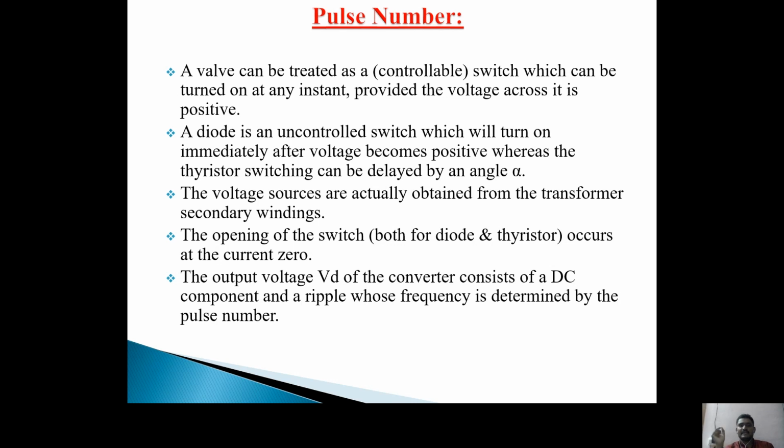A valve can be treated as a switch which can be turned on at any instant. A valve can be a thyristor or diode, or a controlled switch like a GTO, IGBT or IGCT. A valve can be treated as a switch which can be turned on at any instant provided the voltage across it is positive.